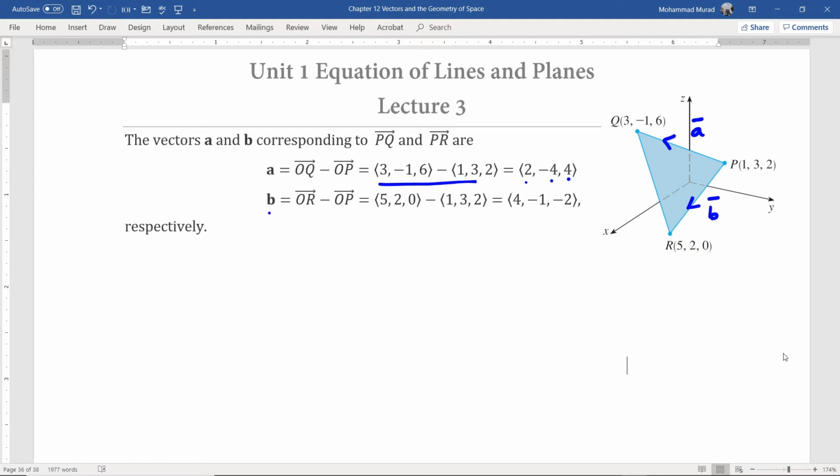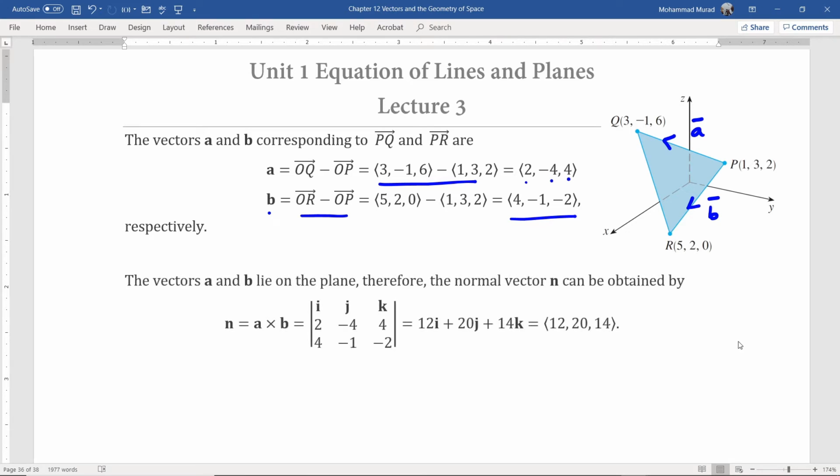Similarly, B is the vector which can be written as OR minus OP, whose components are given by 4, negative 1, negative 2, respectively.